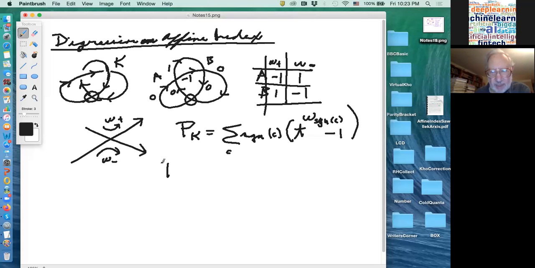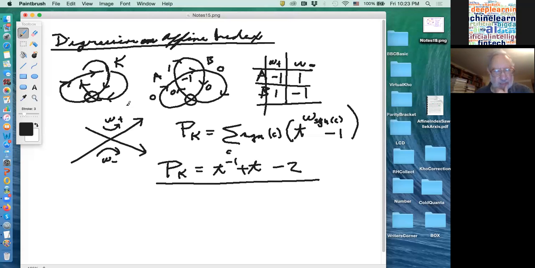And so in this case, our polynomial is equal to, well, all plus, it's t inverse plus t minus 2. And that tells us that this is a non-trivial virtual knot, inequivalent to its mirror image in fact, and so on. But all the calculation comes from the flat diagram.